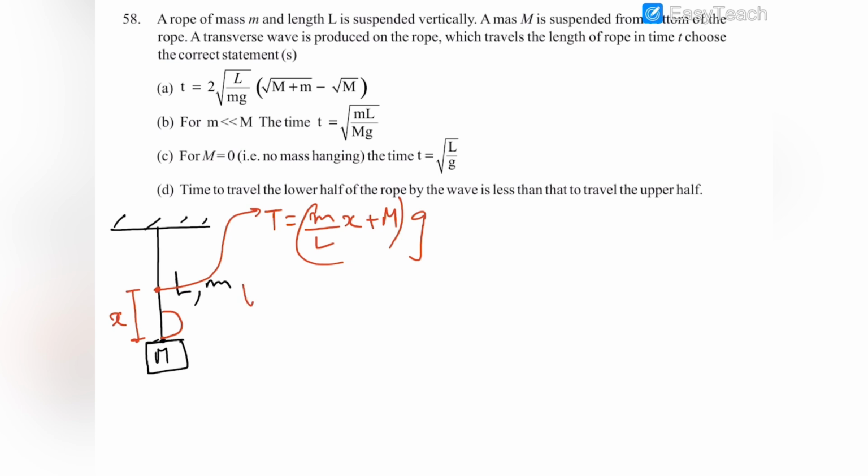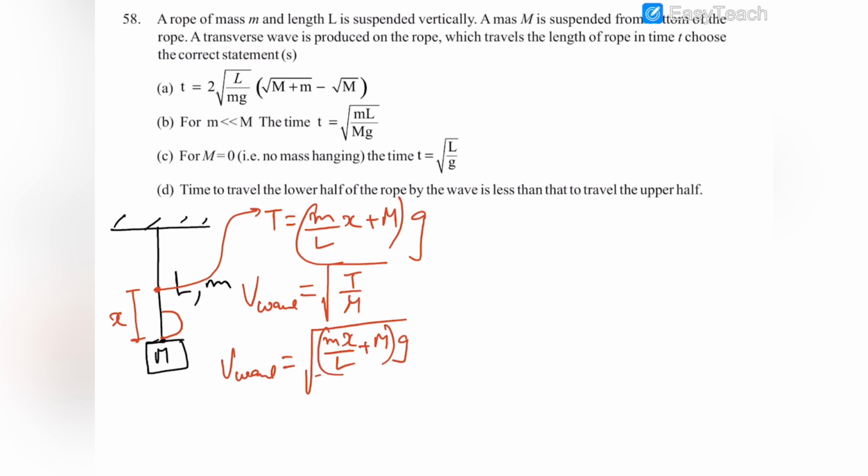Now the velocity of the wave at this point would be under root T by mu, and v wave would be equal to mx by L plus mg divided by mu, where mu is the mass per unit length and it would be m by L. So v wave will be equal to under root of x plus ml by m into g.